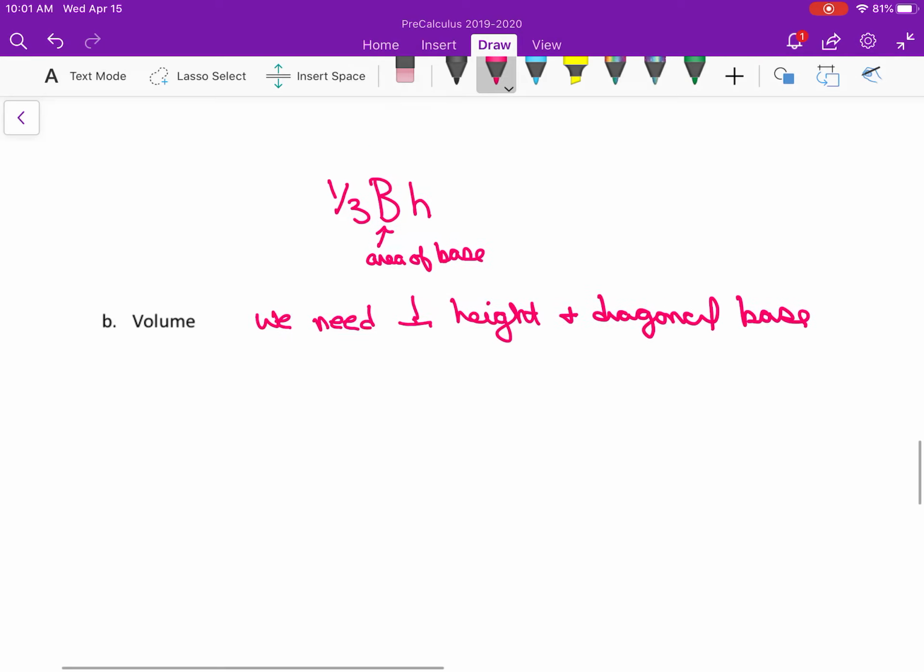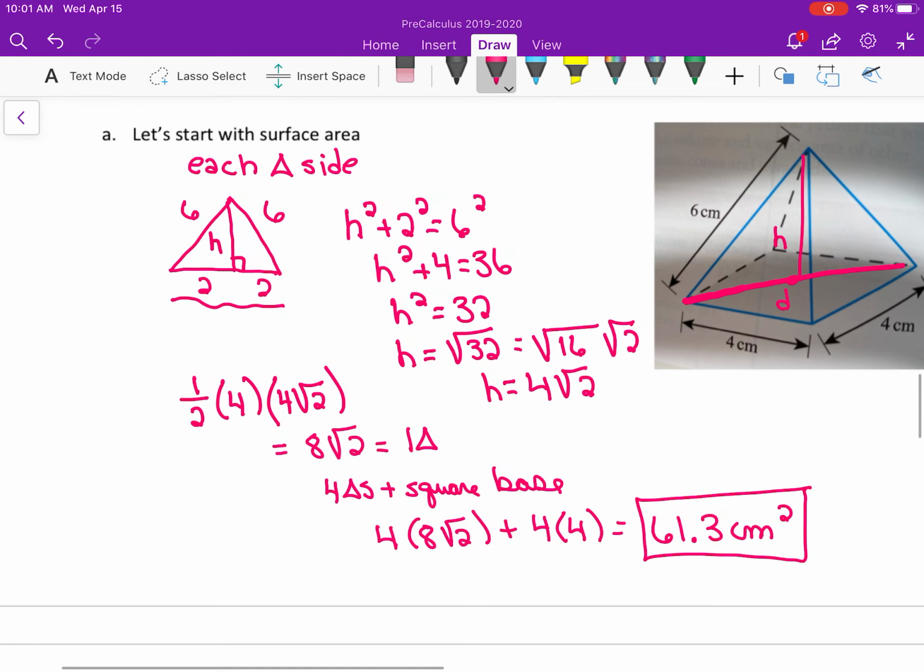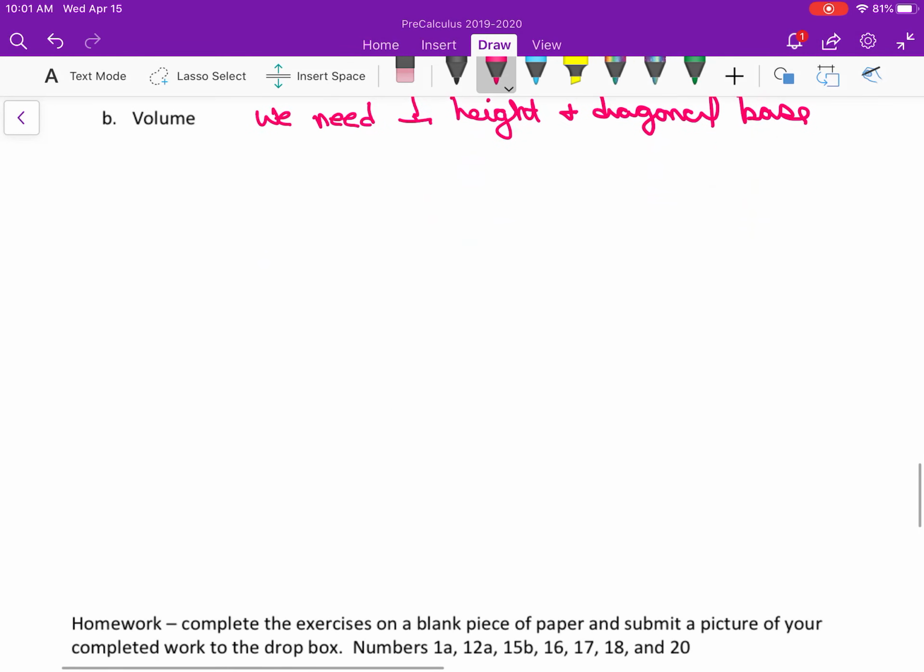Okay, so if we look at that triangle that I'm trying to represent three-dimensionally, we end up with this. All right, we've got a 6 here, we've got an H here, and this is D that I was representing above.